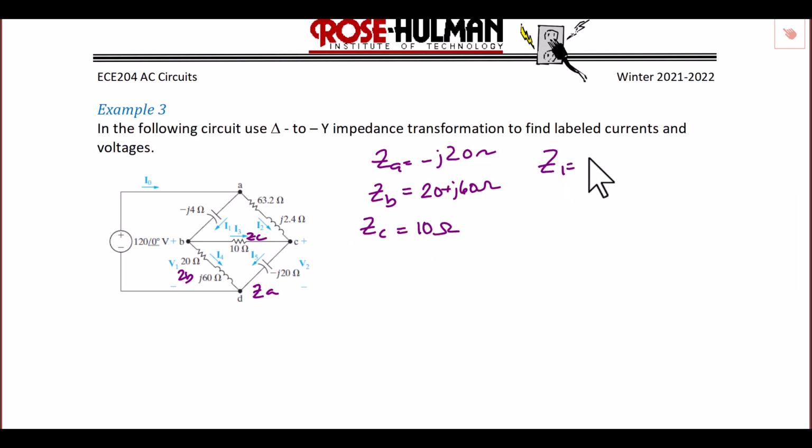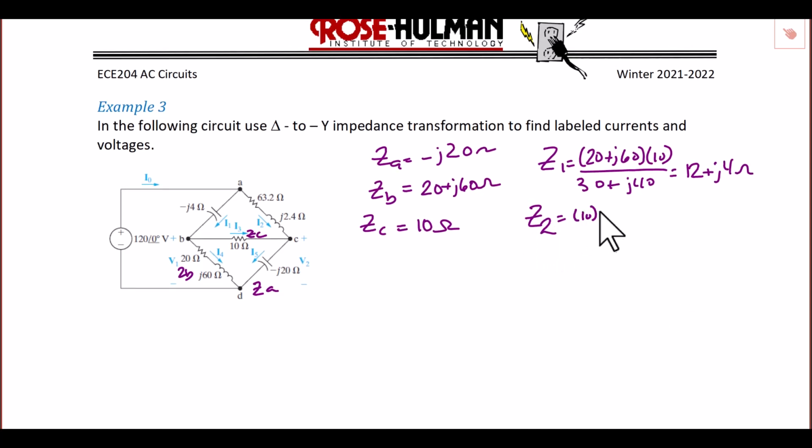So now using our formulas, Z1 is going to be 20 plus J60 times 10 over 30 plus J40, which is 12 plus J4 ohms.